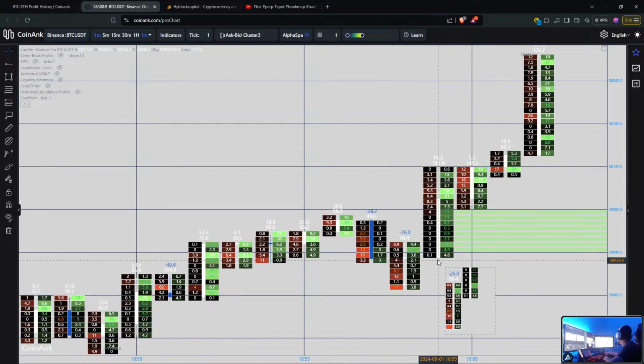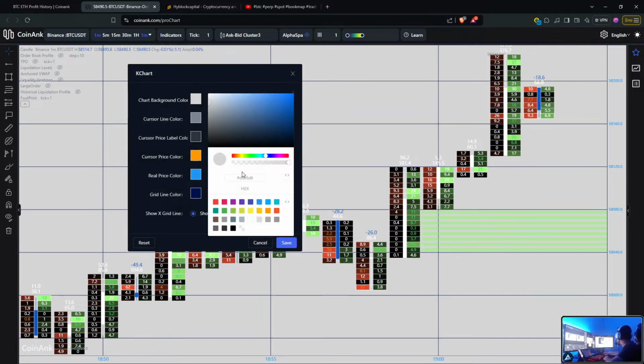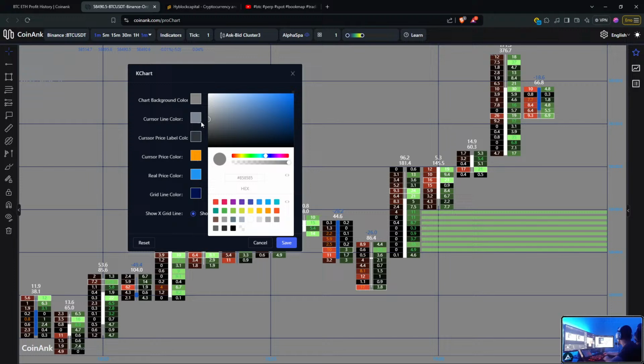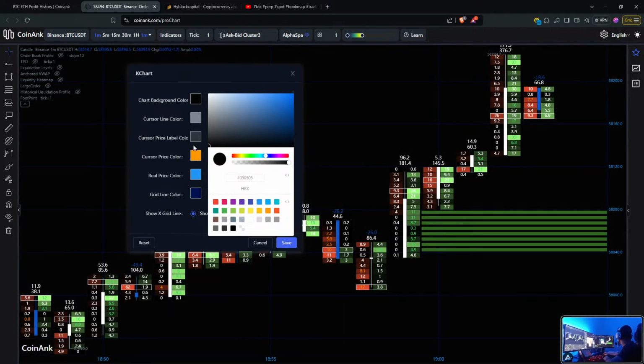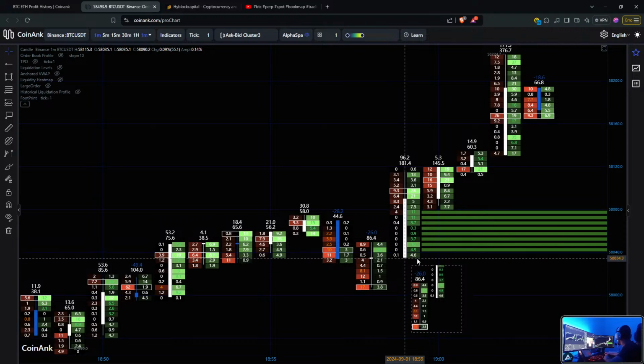But over there you can see, it will show you imbalances like these lines. This is too much, I'm sorry. Okay, this is good enough. It will show you stacked imbalances when the difference between buys and sells is on a totally different ratio, a much different level.